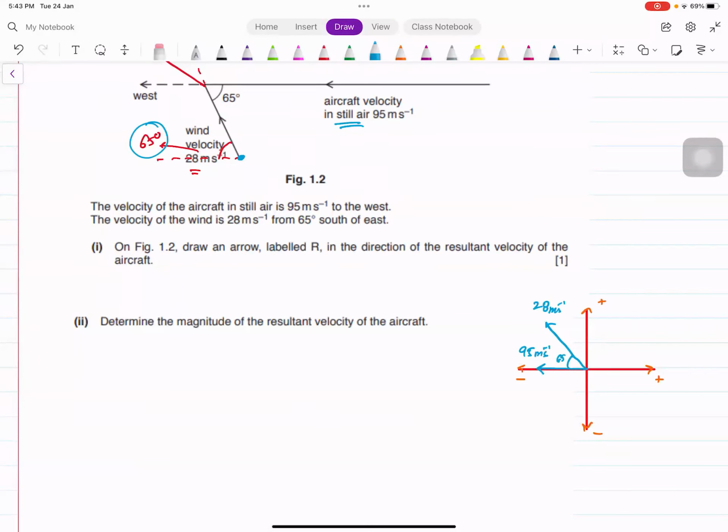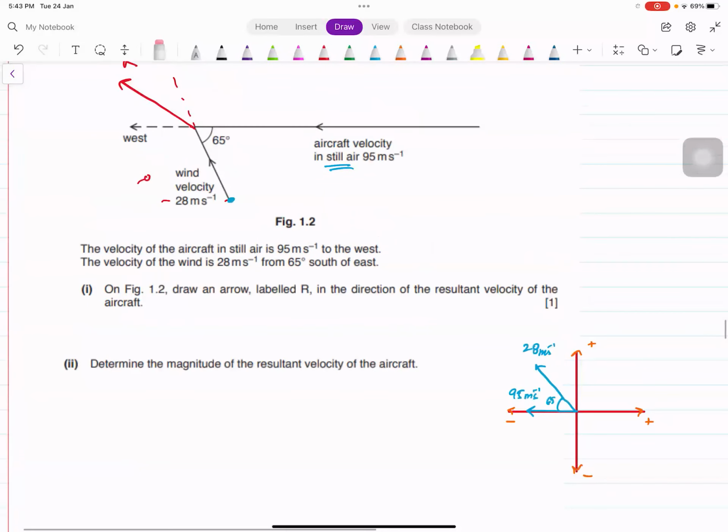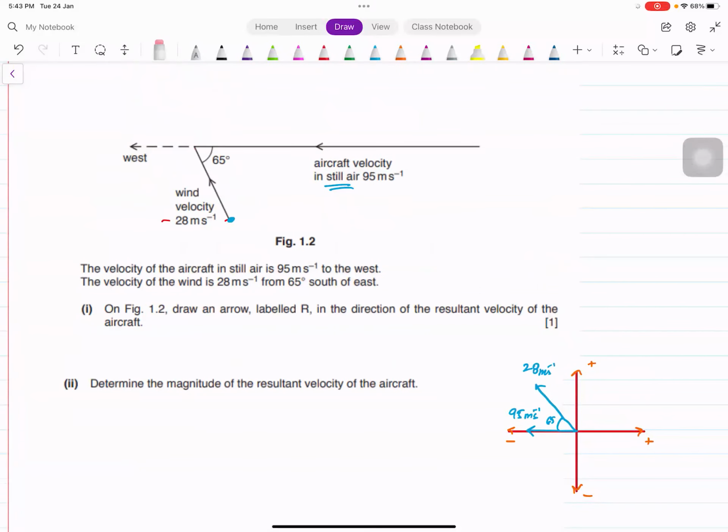Another way, if you really want to do it quickly, I'm also going to do that. Let me make the resultant again. So what you can do is make two components, like this one and this one. Upwards is positive, downwards is negative, and this has no components. Let's call this vector A, this vector B, and draw a small table.